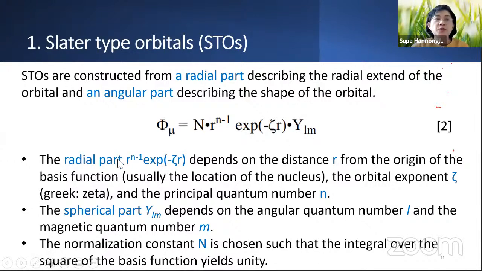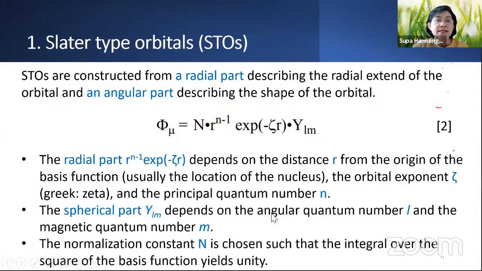If I explain to you, the radial part consists of r to the power n minus 1 multiplied by the exponential of minus zeta r. This is the first part, which depends on the distance r from the origin of the basis function, usually the location of the nucleus. The orbital exponent zeta is responsible for the size of the orbital.